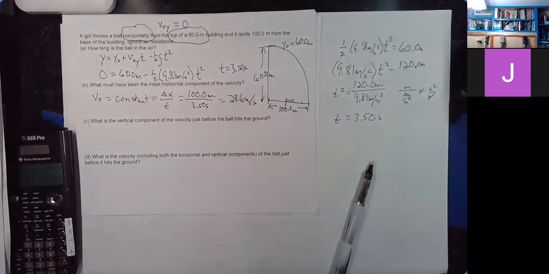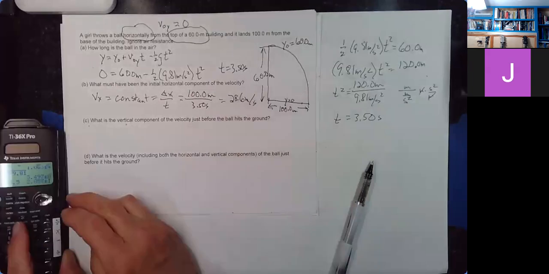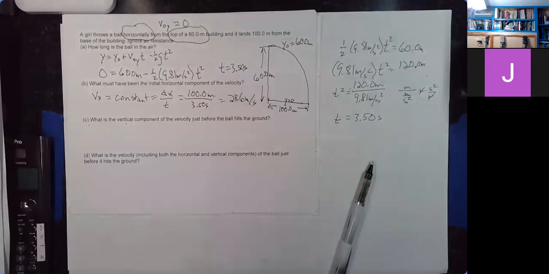So maybe this girl is a softball player or something like that, where she's used to throwing somewhat fast. If she was a softball pitcher, she could throw quite a bit faster than that, but that's a reasonable value.